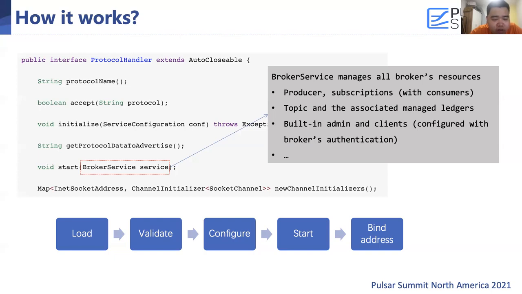Therefore, all things a broker can do, KOP can also do. At last, it calls newChannelInitializers to bind the address, like 9092. Then the Kafka client can connect to this port.